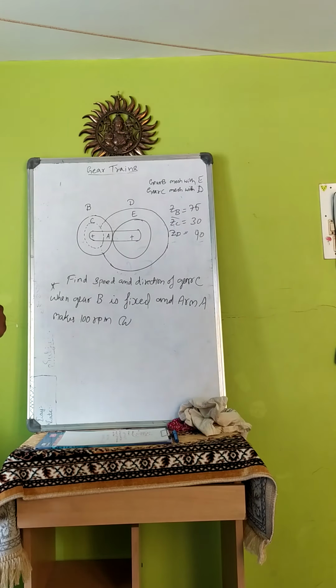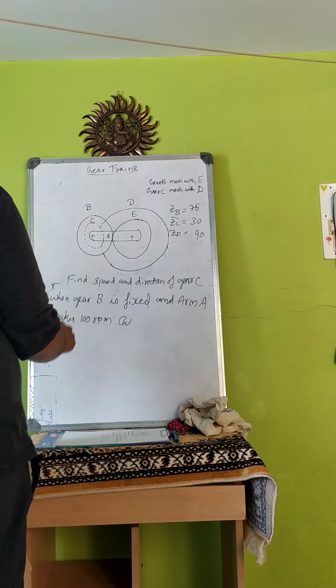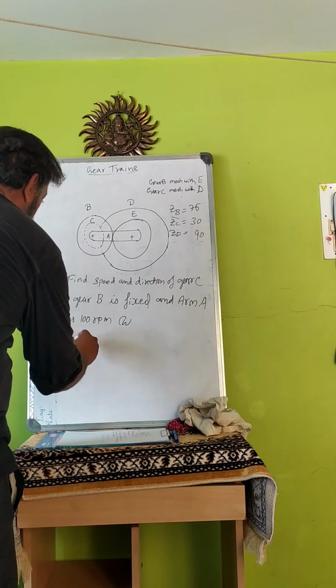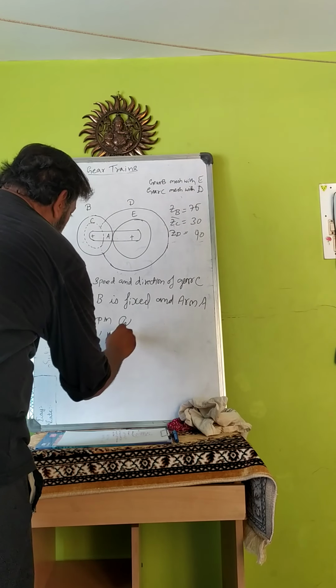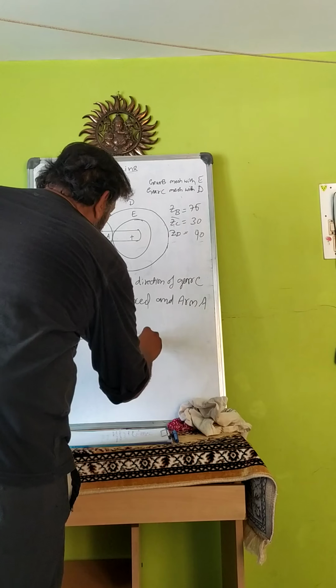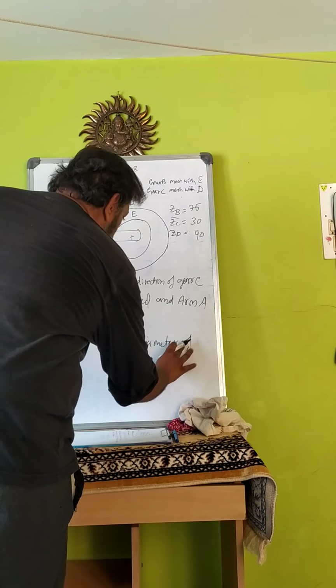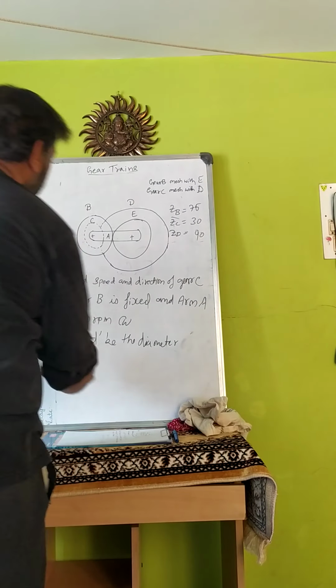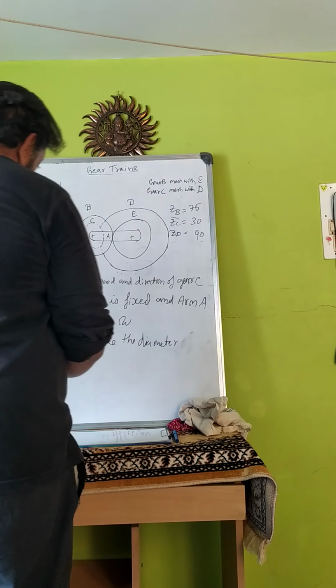So how to find ZE? Let D be the diameter, which will indicate the size of the gear.